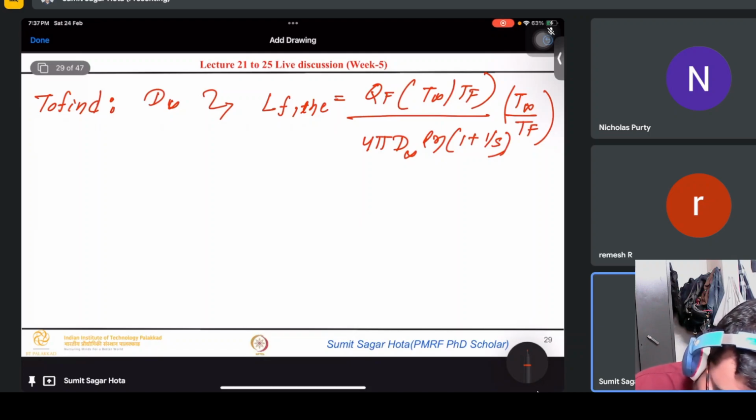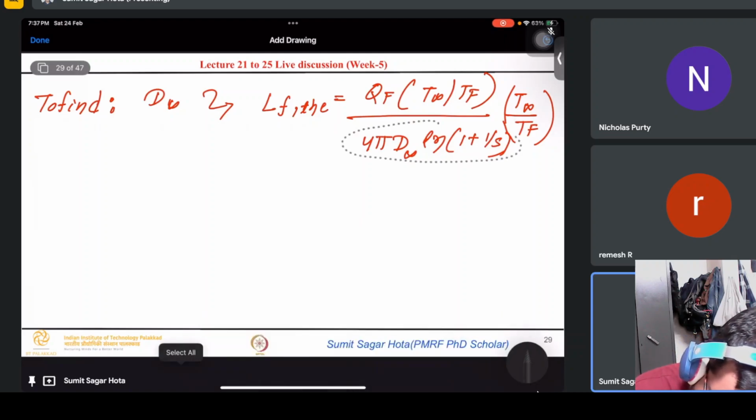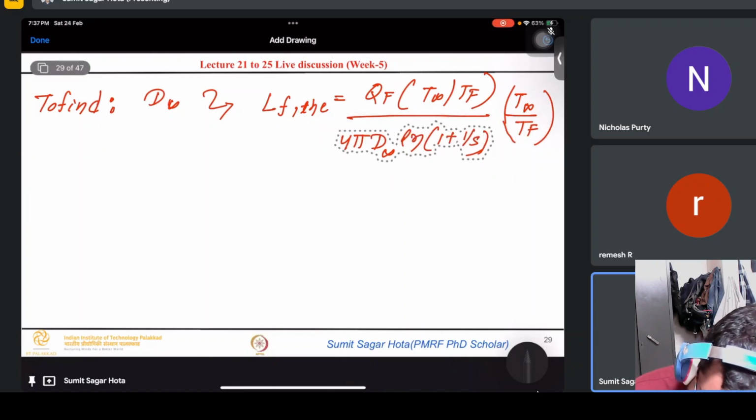If you don't know the formula, obviously you can't answer. Try to remember if possible. Power 0.6.